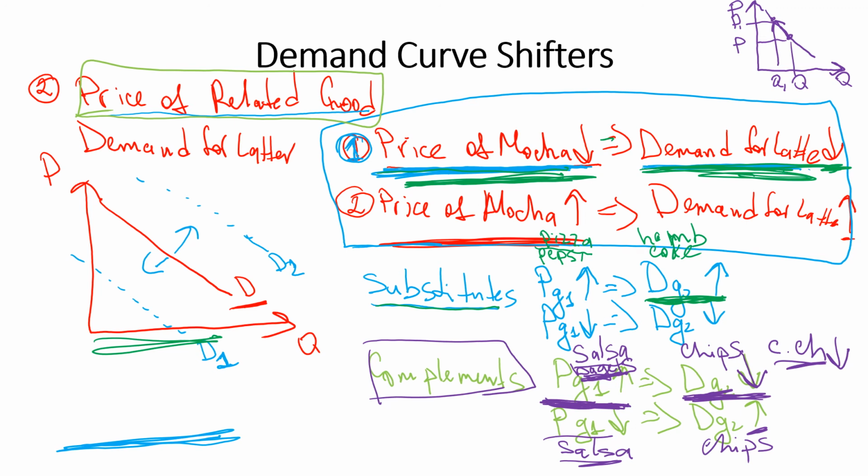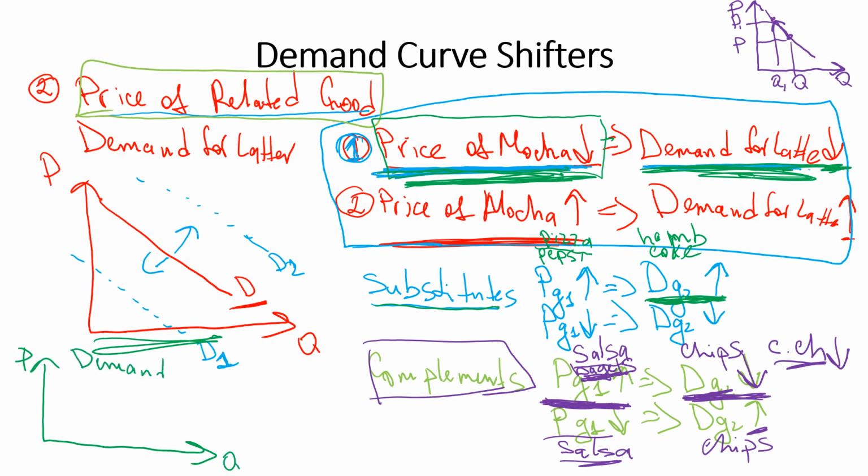My question is, guys, and this is a tricky question, when the price of Mocha is changing, let me draw a graph over here, and this is going to be demand for Mocha.